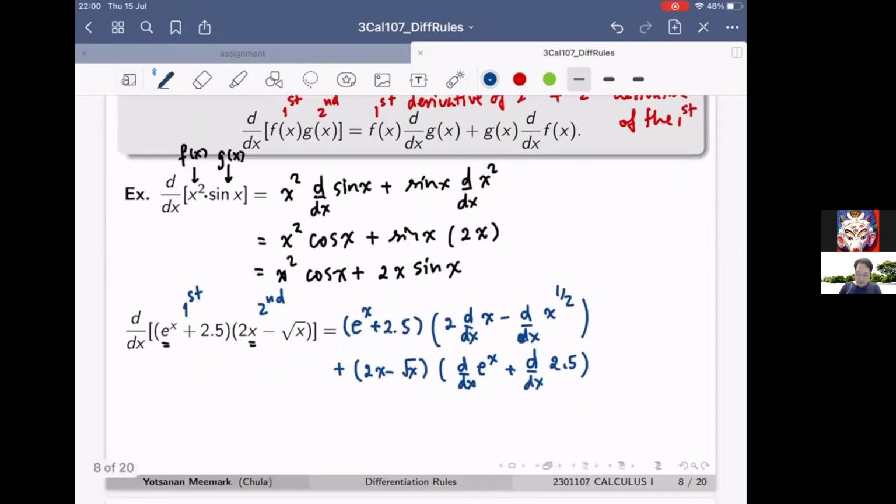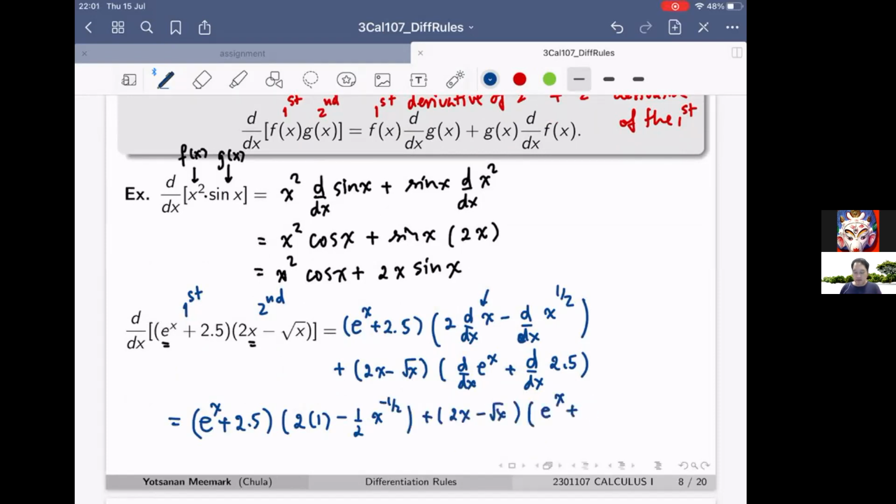For the first term, you just copy your first, and the derivative of x becomes 1, so you have 2, and here you have 1/2 x raised to the power negative 1/2, plus 2x minus square root of x, and then e to the x and 0.